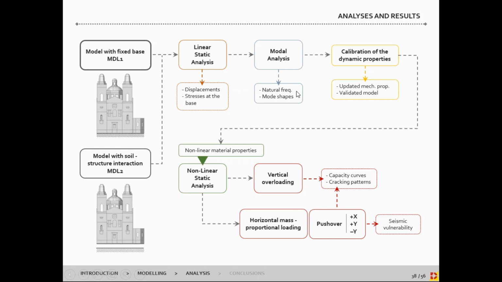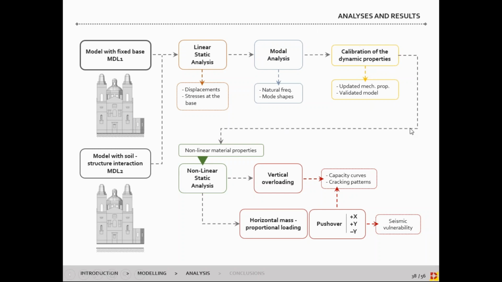In our case, we had dynamic properties from the previous experimental tests, dynamic identification tests. So we used the modal analysis in order to check that our model was close to the real behavior of the structure. Doing that, we calibrated the model and we got updated mechanical properties and a model that could be used for later analysis.